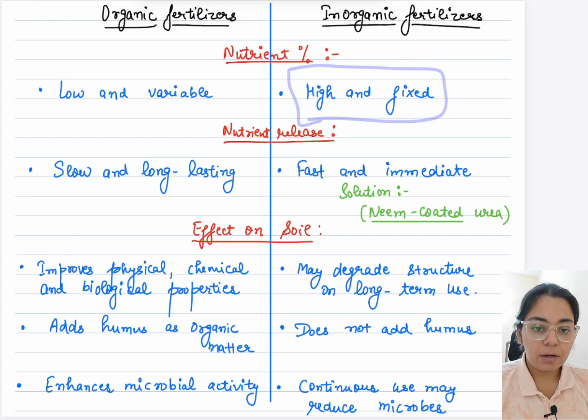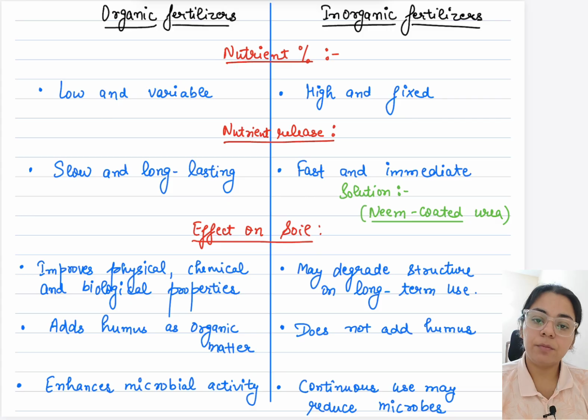While when we are preparing them in laboratories, we will obviously prepare concentrated fertilizers. Like urea will have a greater amount of nitrogen, and DAP will have a greater amount of phosphorus, and that too in a very high percentage, and those percentages are also fixed. I think you must be remembering. You can go ahead and tell those percentages in the comment section: how much percentage of nitrogen is there in urea, phosphorus in DAP, potassium in MOP, and many other fertilizers.